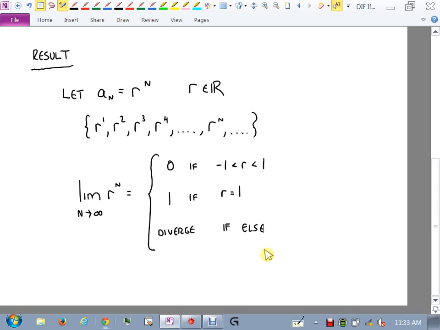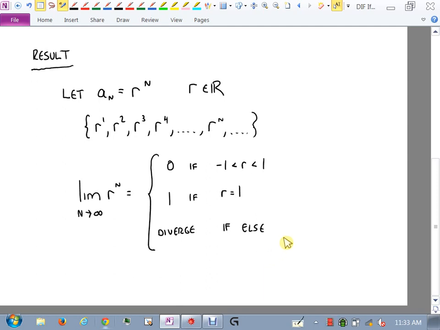So divergence and infinity kind of mean the same thing, but divergence does not necessarily have to be infinity, right? That up and down, back and forth, -1, 1, -1, 1, that's divergent, but it's not going to infinity. Understand? So infinity implies divergence. Divergence does not imply infinity as a limit.